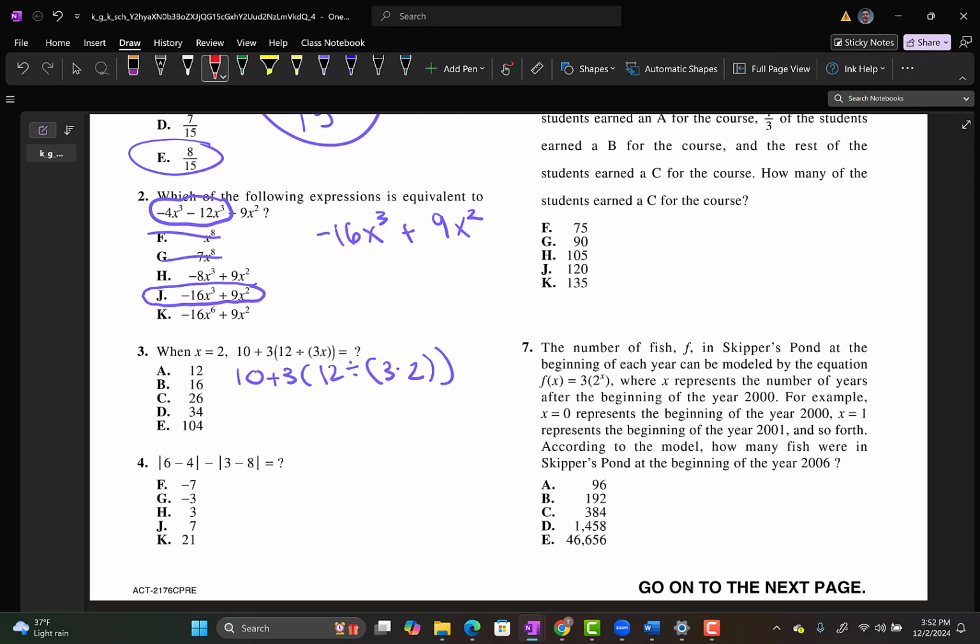So the 3 times the 2 becomes 6. And we've got 12 divided by 6. So now we just have a 2 inside the parentheses. Remember, order of operations, PEMDAS, means we're going to multiply before we add. So 3 times 2 is 6, plus 10 is 16.